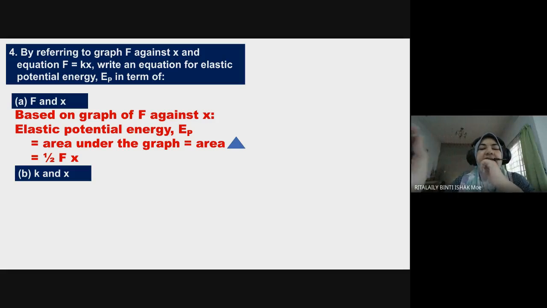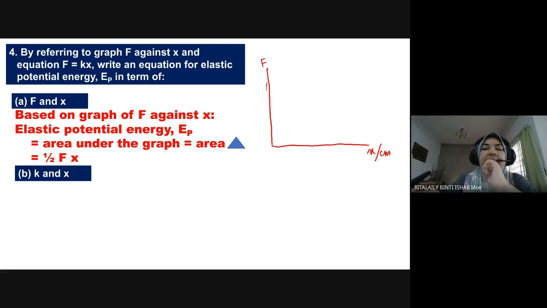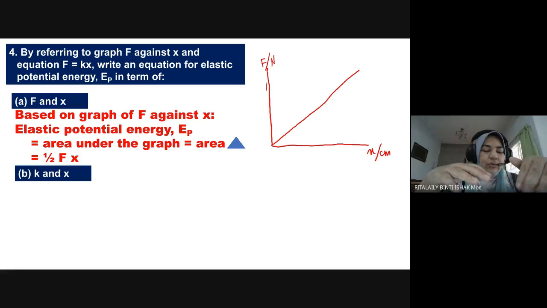So let's say we have a graph F against X, and X is in cm and F is Newton. So this is the graph of a spring. Sorry, dia lari sikit. If we refer to Form 3 punya topic, you learn about energy kan? And you learn about work.